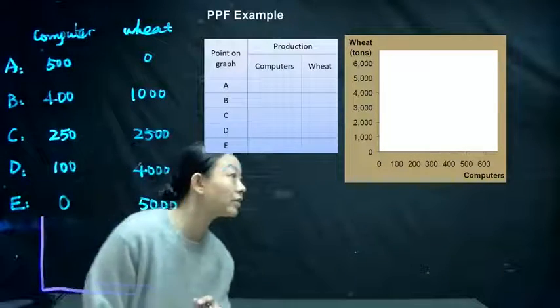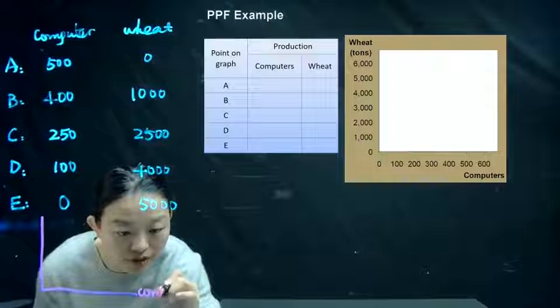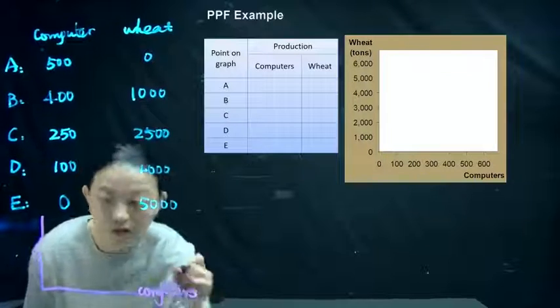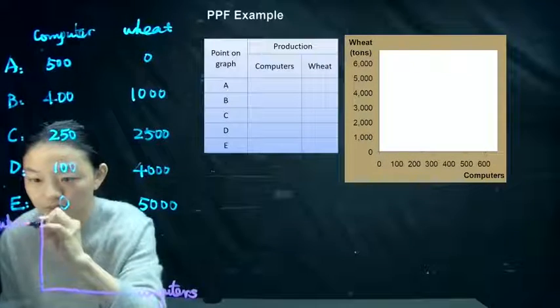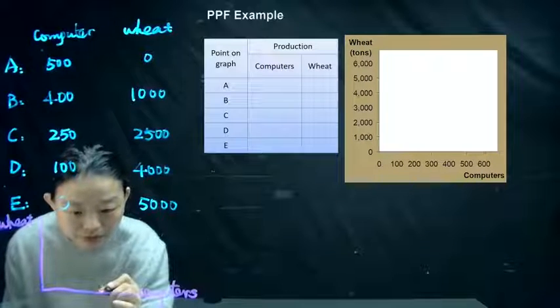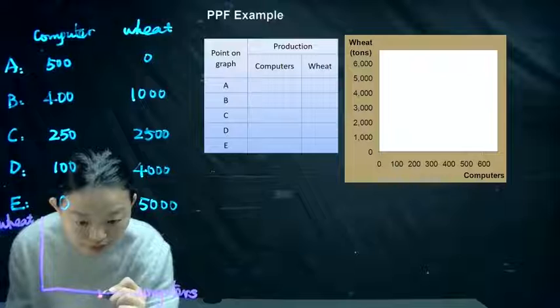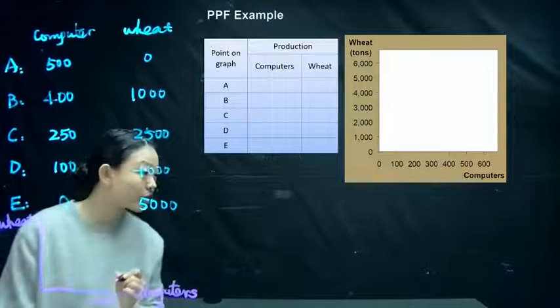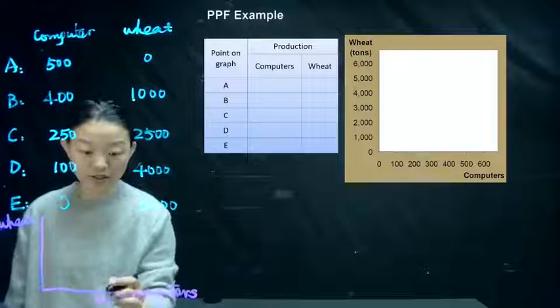This one could be a little bit brighter, right? Okay, so I put computers here, and then I put weight here. So for point A, we have 500 computers. So this is point A. 500 computers, but no weight, okay?